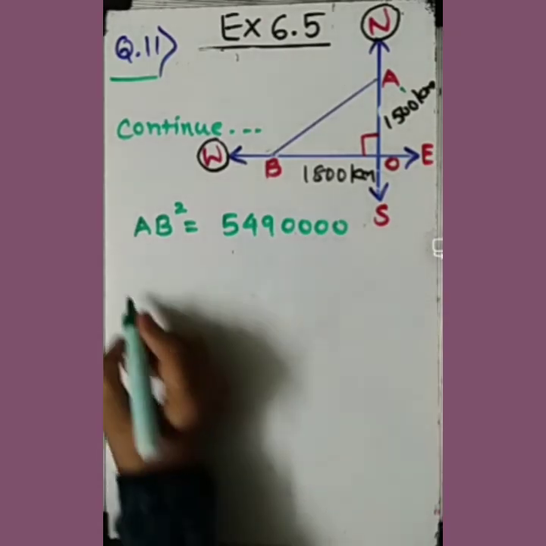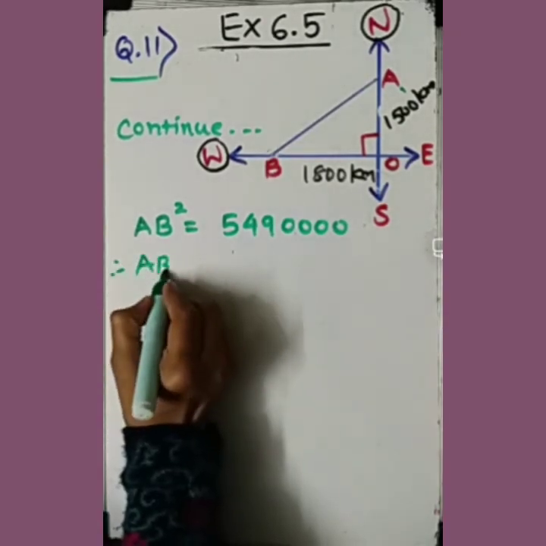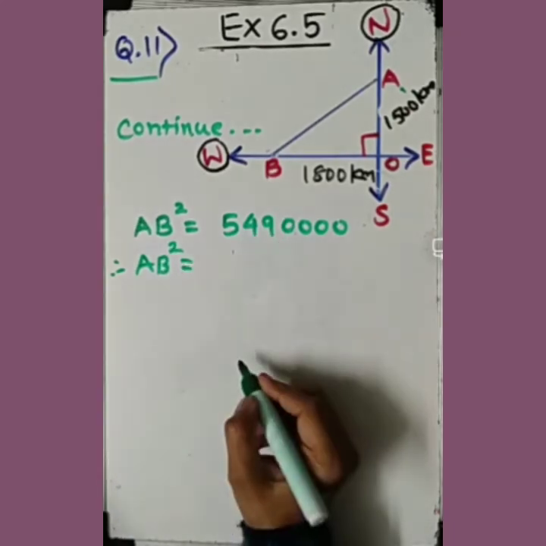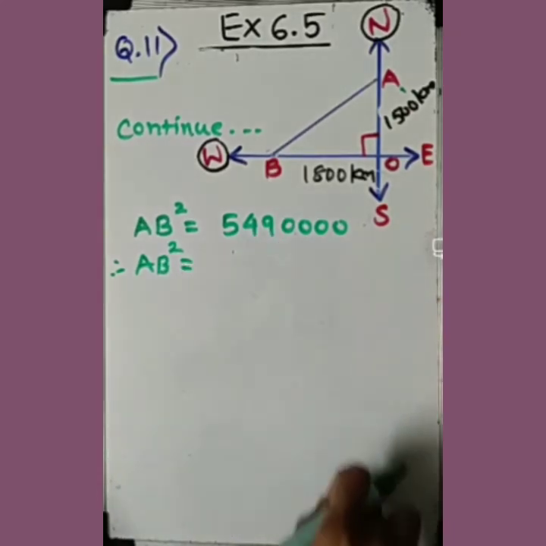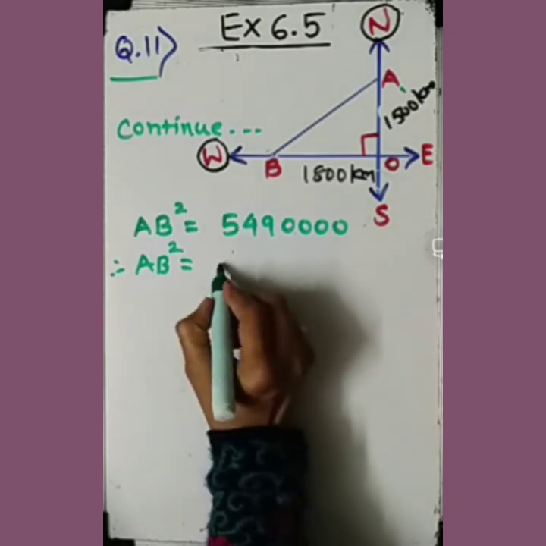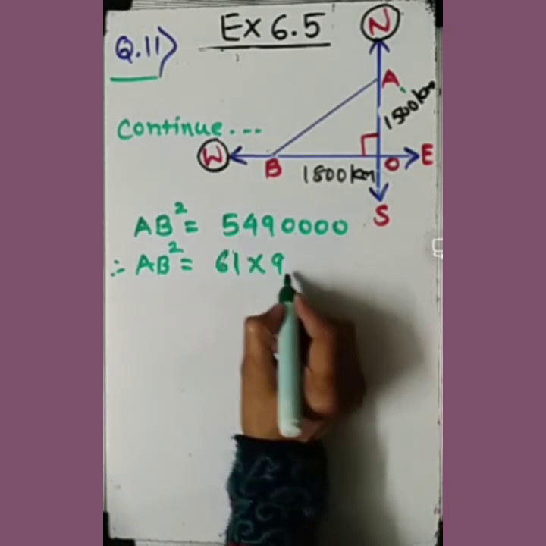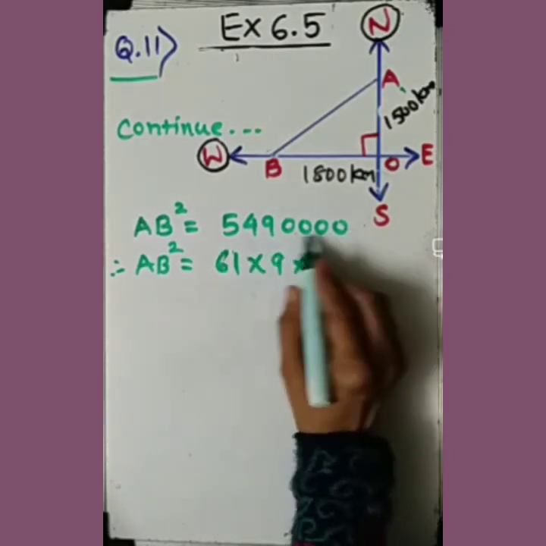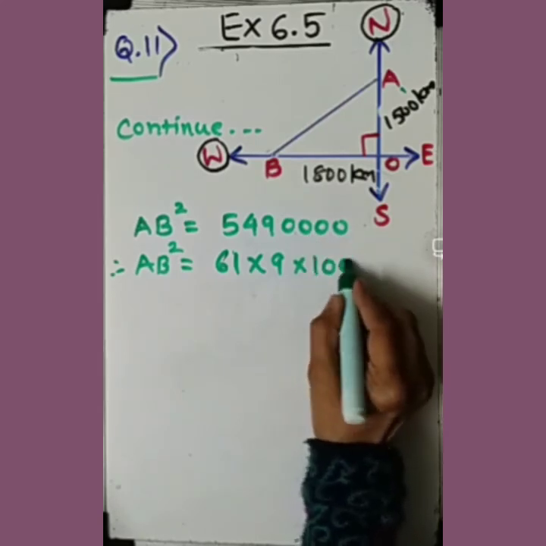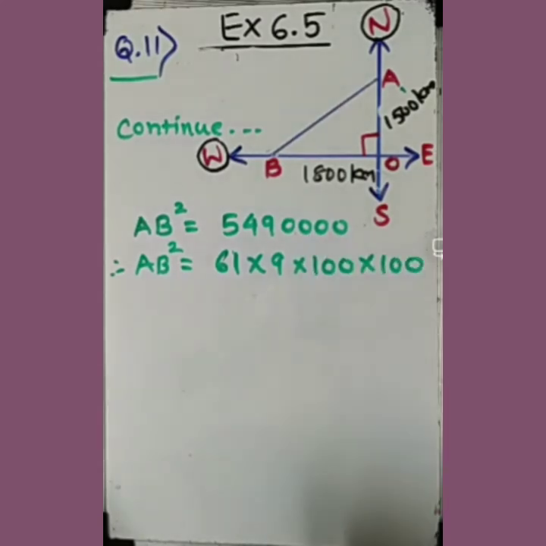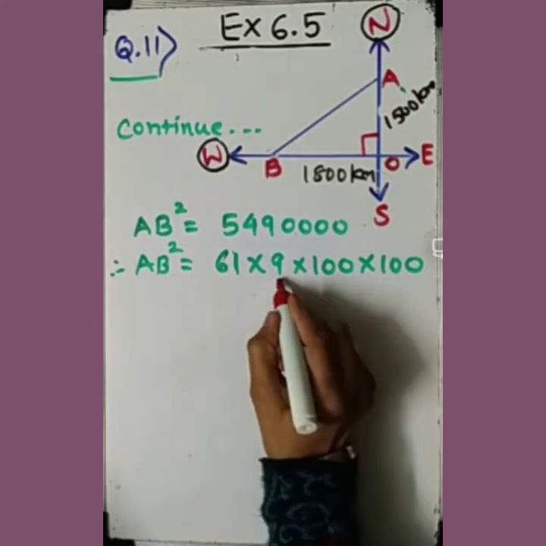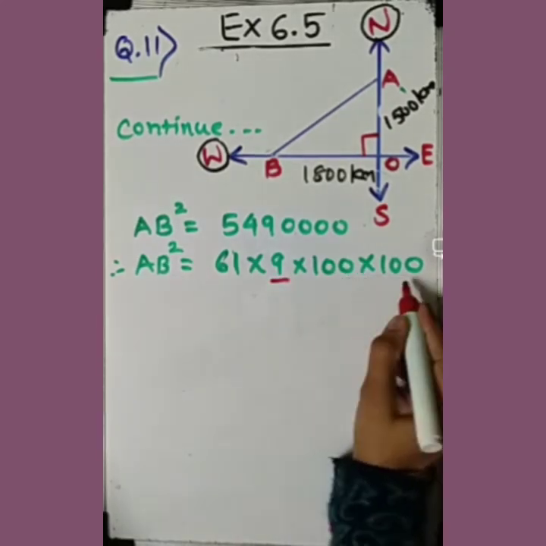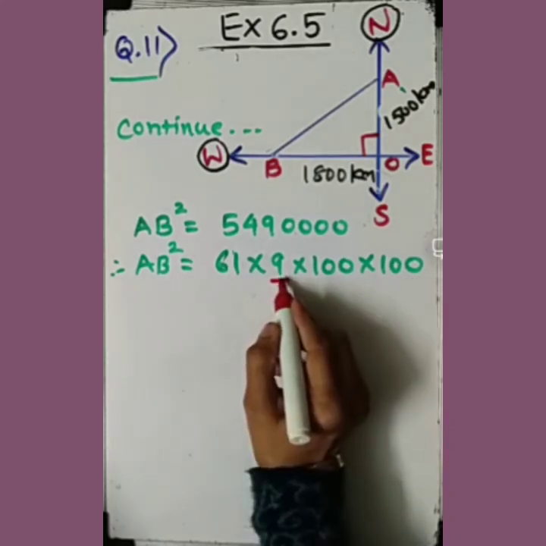Now let me find the factors, because we know that 549 is not a perfect square. If I take out the factorization, it will be 61 into 9, and of course 100 into 100 we can mention. Now out of this you can observe 100 is a perfect square of 10, and 9 is a perfect square of 3.